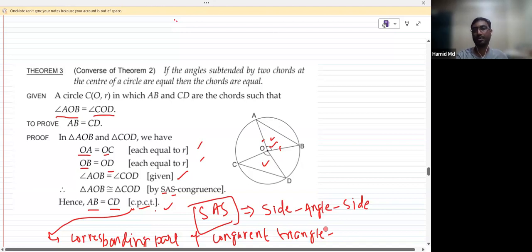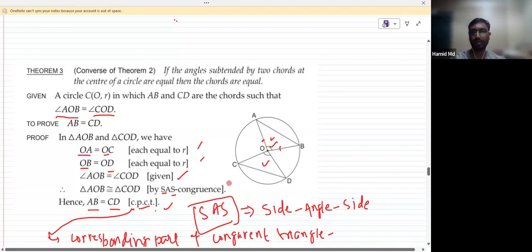So there are a few criteria. Earlier we saw that if all sides of two triangles are equal, then the corresponding angles will be equal. In this part, we are saying that if two sides and the included angle are equal, then the other parts of both triangles will be equal according to the corresponding parts of congruent triangles.